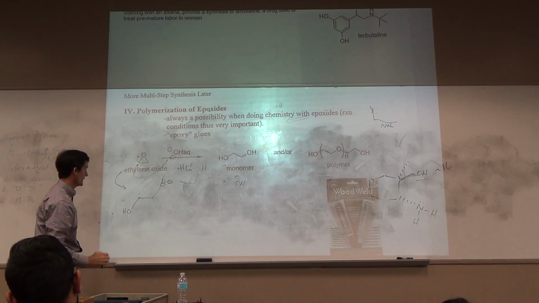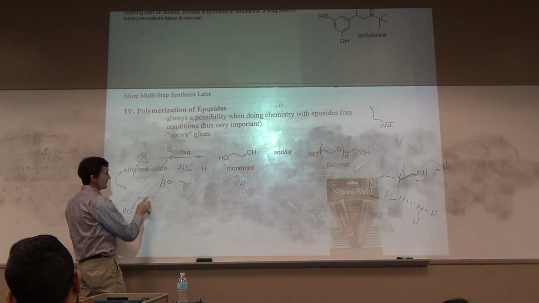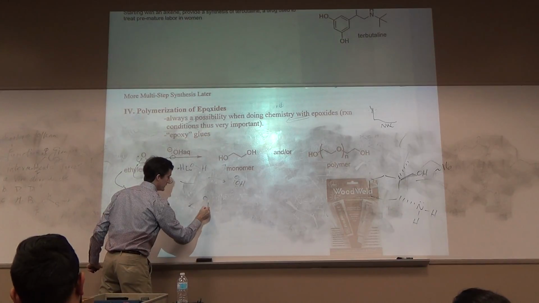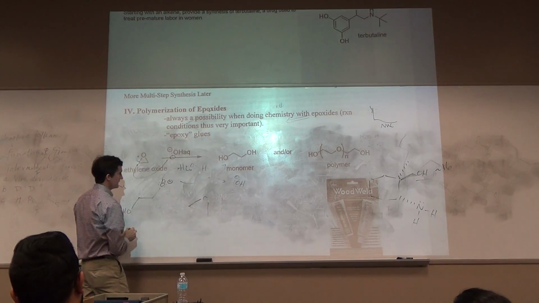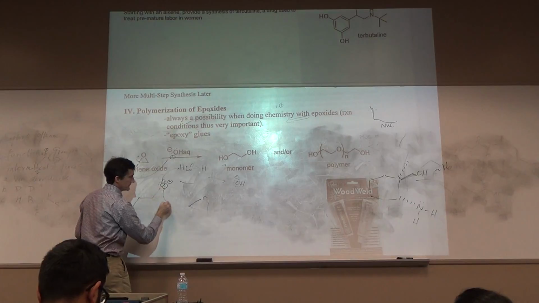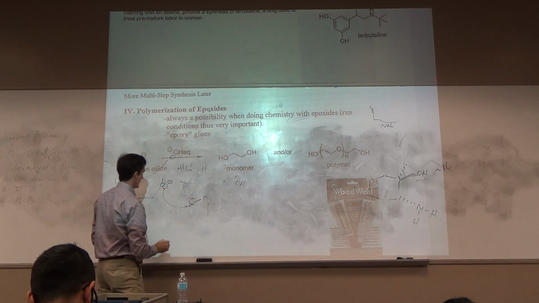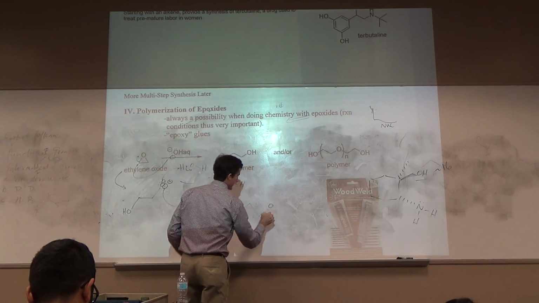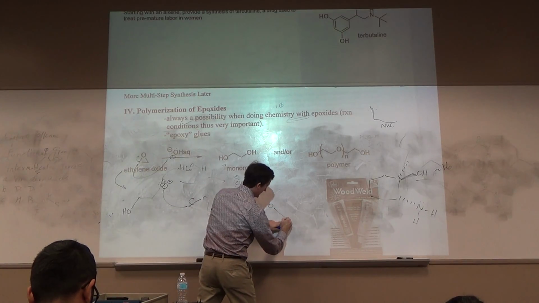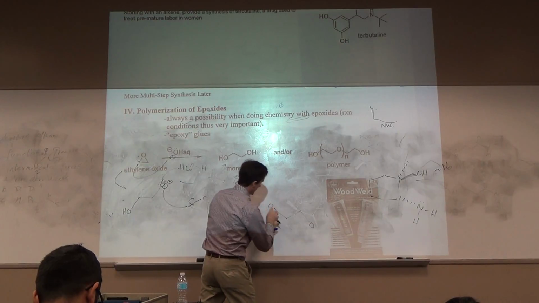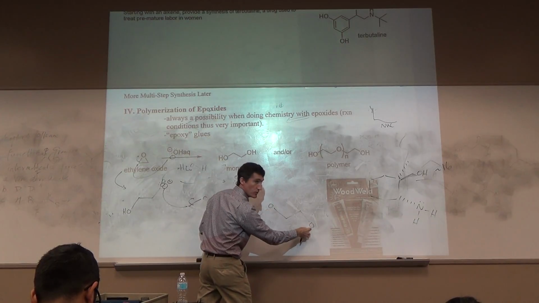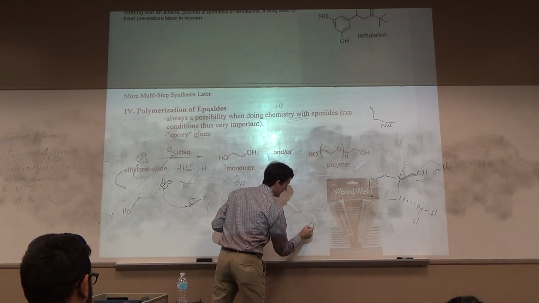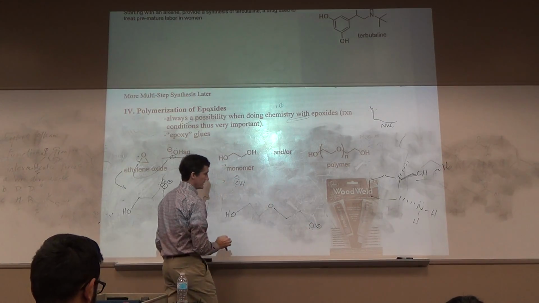How would we get polymer? You get polymer, instead of this just picking up proton, what if it attacked another starting epoxide? What would that give? This could attack here, open that up. What does that give? This oxygen is now bonded to that carbon, carbon, O. Nucleophile, carbon, carbon, O. Now that could pick up an H and become OH, but until it does, it's O minus.